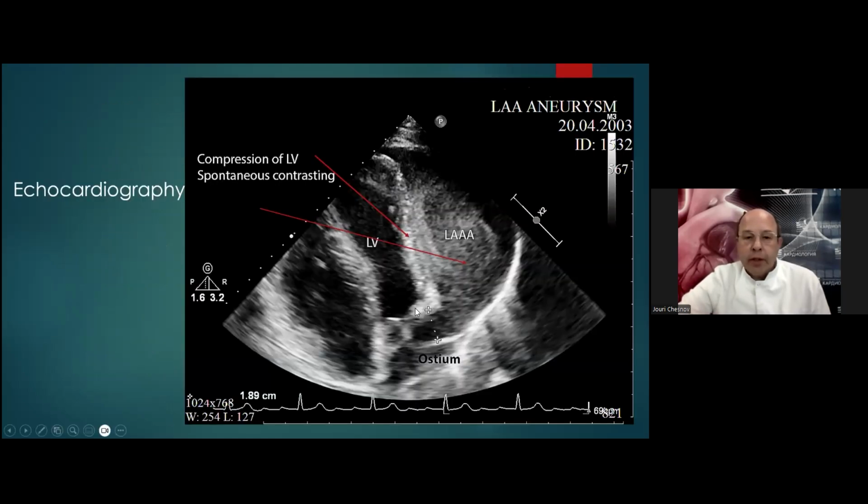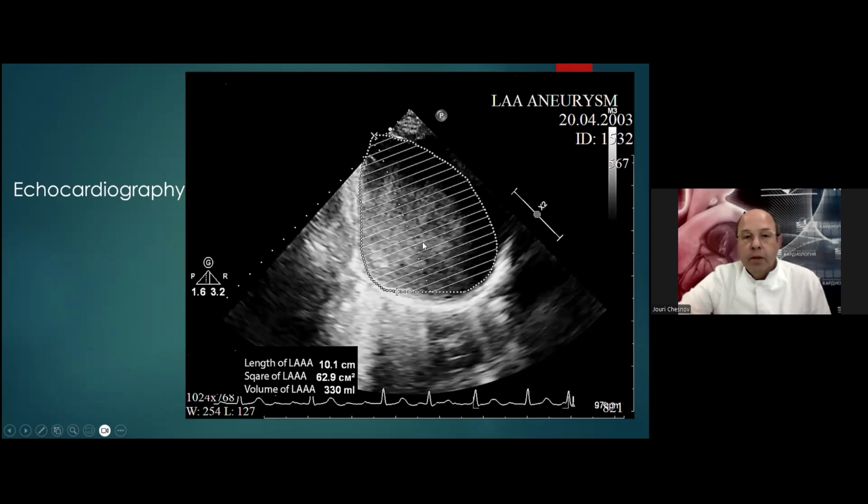Here you can see on the echocardiography compression of the left ventricle, large aneurysm of the left atrium, and here is the ostium about 2 centimeters. Here is the whole picture of this aneurysm, length more than 10 centimeters, and volume of aneurysm was 330 milliliters.